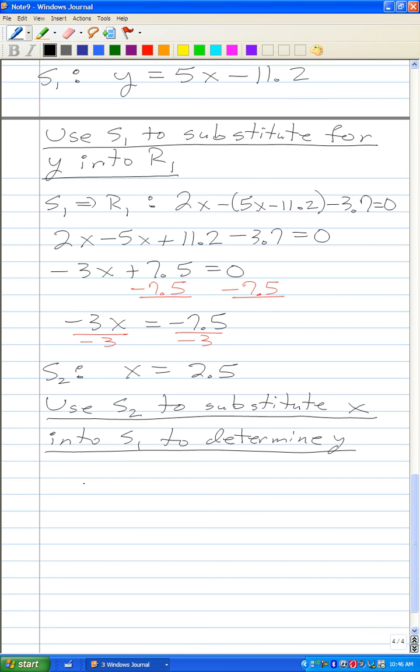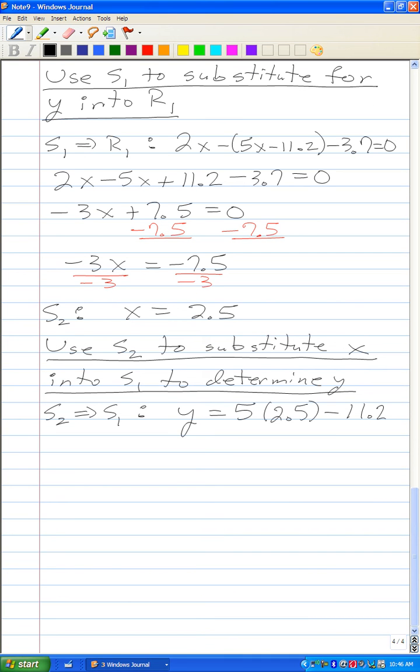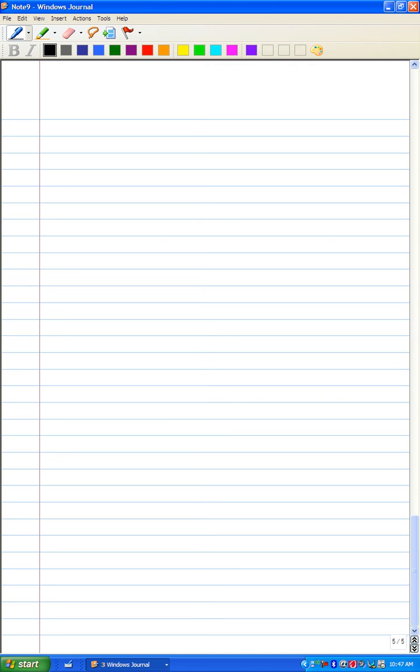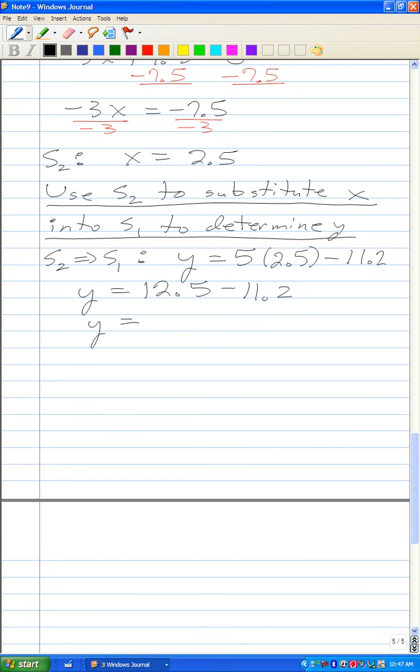I'll take S2 and substitute it into S1. So I have y equals 5 times 2.5 minus 11.2. So let me simplify that. And so y is equal to 5 times 2.5, 12.5, minus 11.2. So I get that y is equal to 1.3.